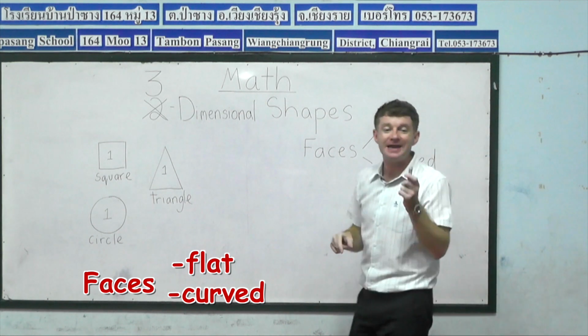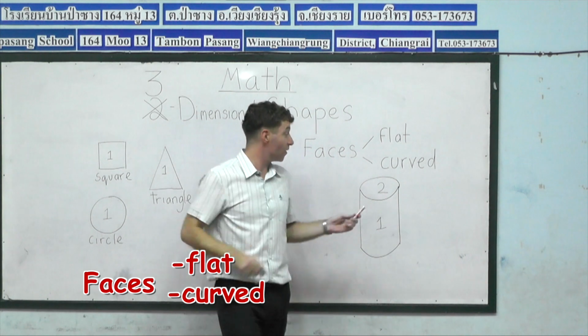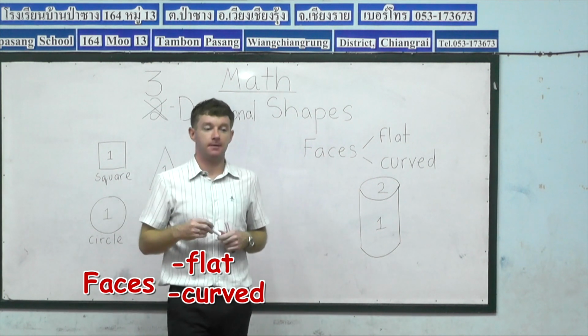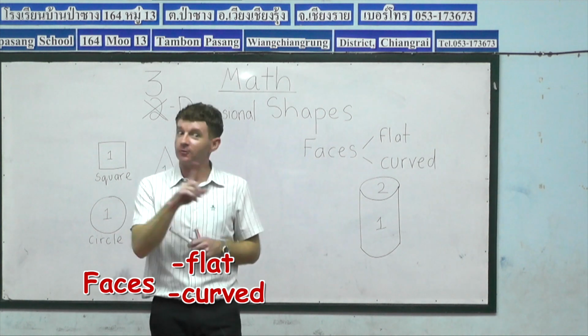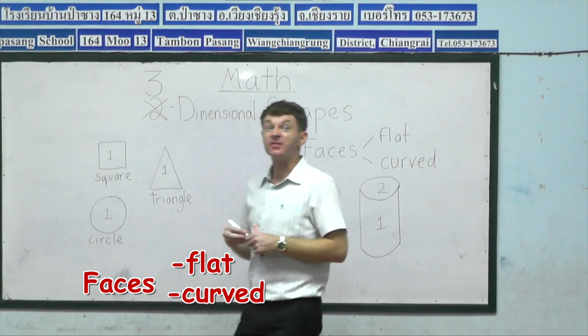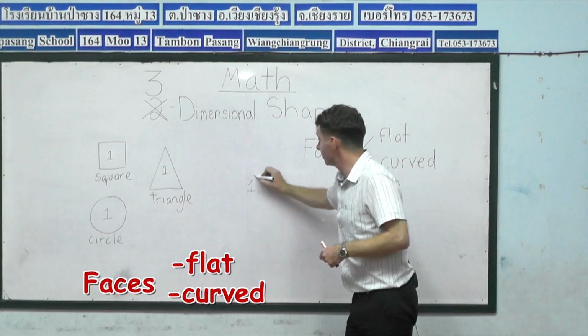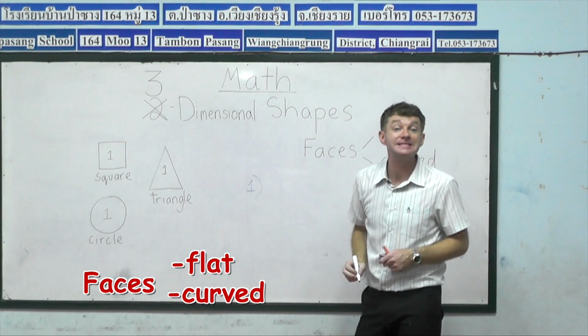Excellent. Now, does anybody know the name of our first 3D shape? Begins with C. It's not circle. This 3D shape we're going to look at today, shape number 1, is called cylinder.